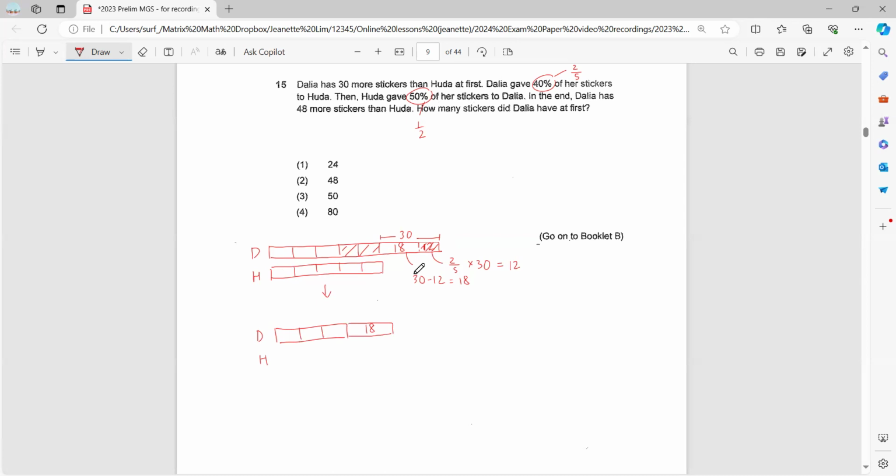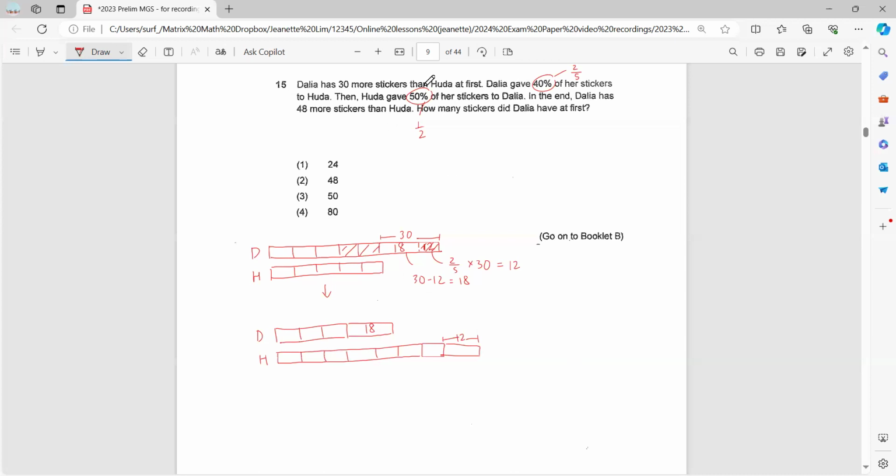So 7 units plus 12. This is 12. Okay, let's make 12 longer. So other than the 18 and 12, the rest are all units.